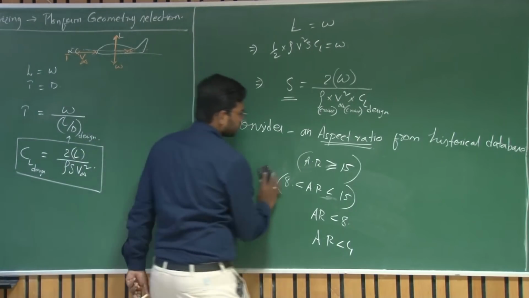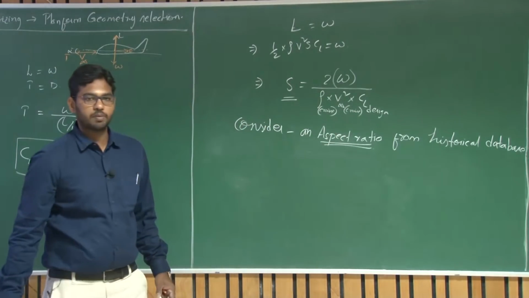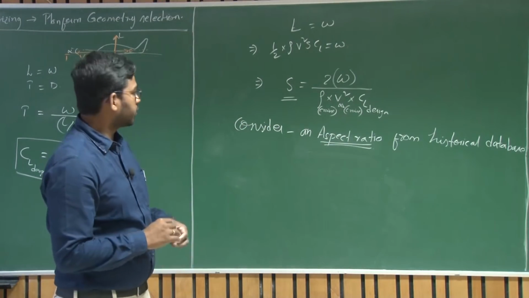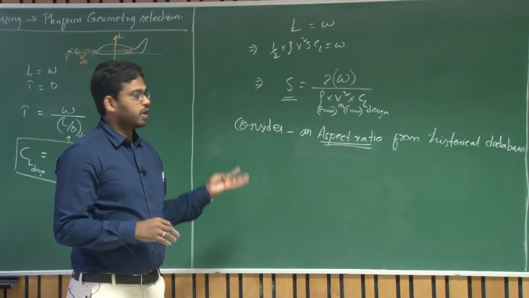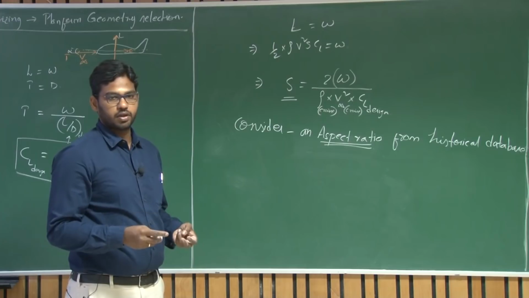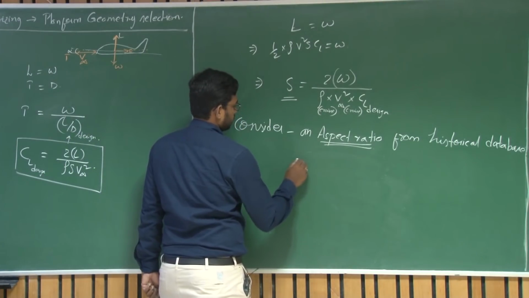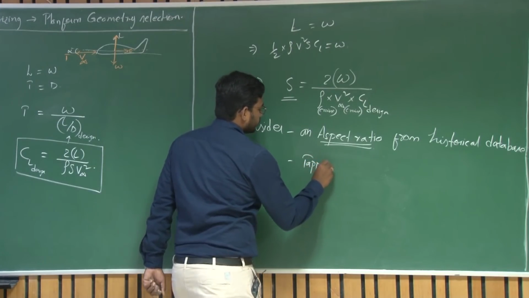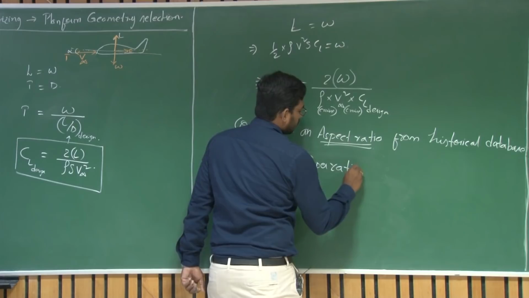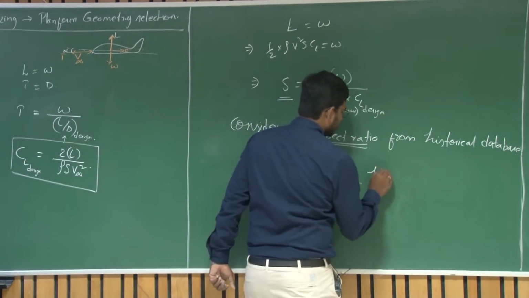Now, aspect ratio has to be considered as an input based upon the type of UAV you are going to select, and you have to iterate this aspect ratio, change it and figure out what will be the corresponding wing loading. And taper ratio is also an input from historical database.